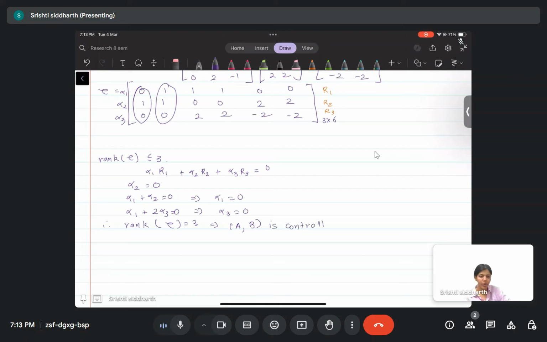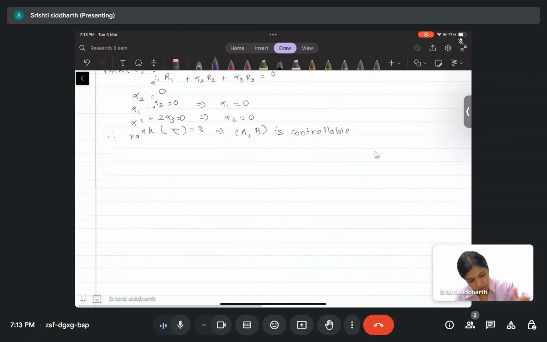Now the state feedback matrix. So let's recall a theorem from this week's lecture.